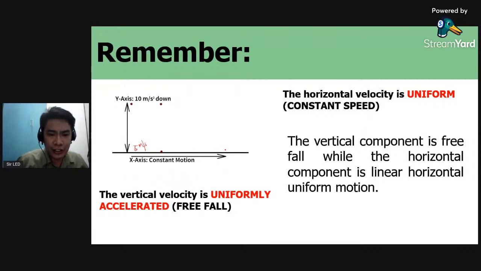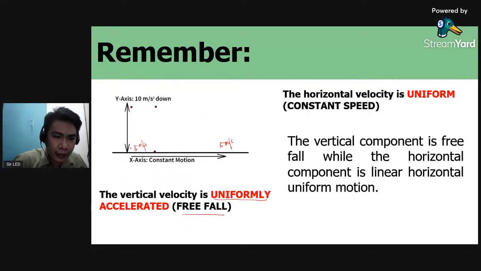When it reaches the ground, the horizontal component is still 5 meters per second. That means the horizontal speed is not changing. It's constant. While the vertical velocity is uniformly accelerated, it's free fall.